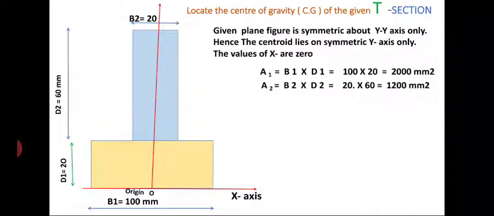It means symmetric about the y-axis. The given T section is symmetric about the y-axis, hence the centroid lies on the symmetric y-axis only. So therefore the values of x1 and x2 are 0.